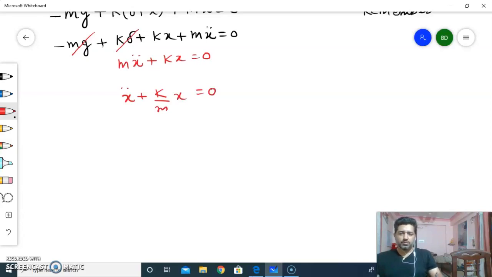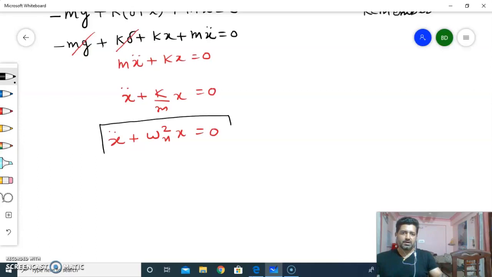So our final equation will be x double dot plus omega n square x equals 0. This is our final equation for an undamped free vibration system.